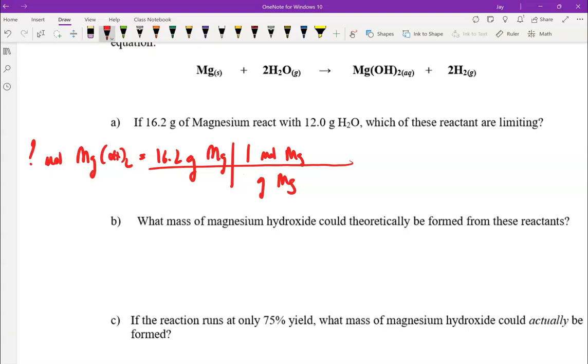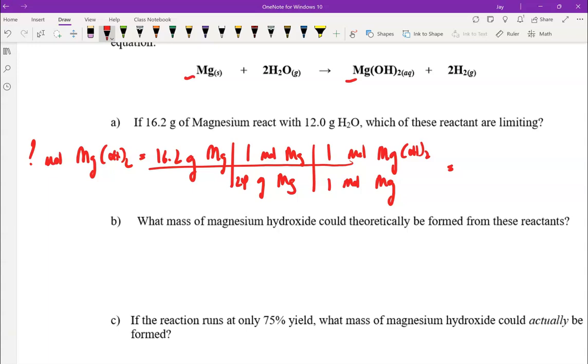And we know that according to the periodic table, 1 mole of magnesium is 24 grams. Now we can go from moles of magnesium to moles of magnesium hydroxide. According to the ratio, it's 1 to 1.